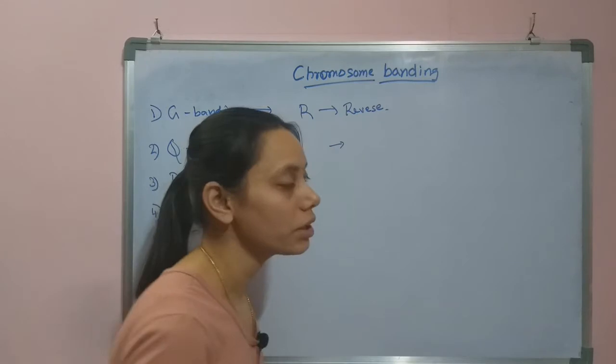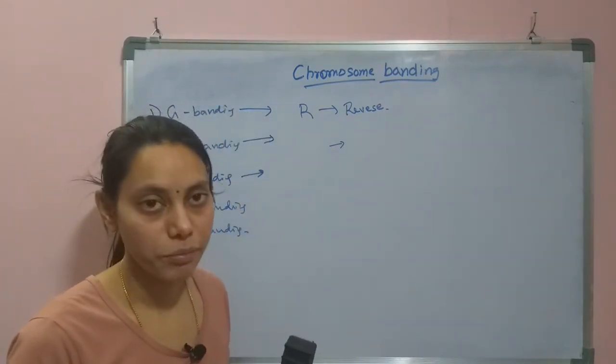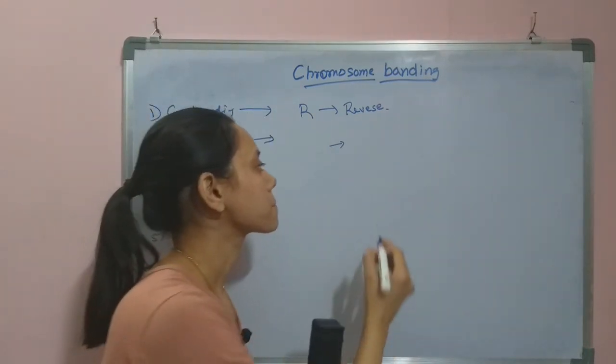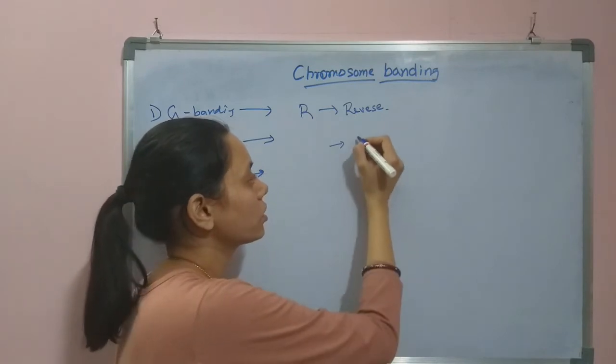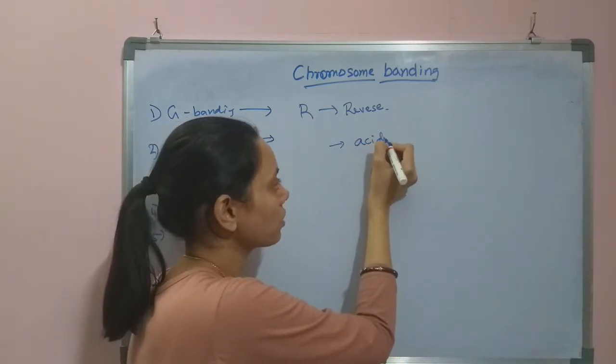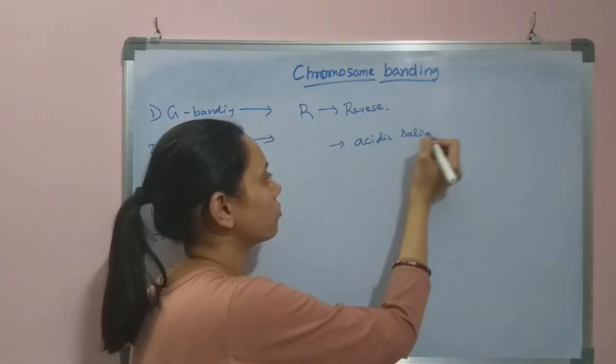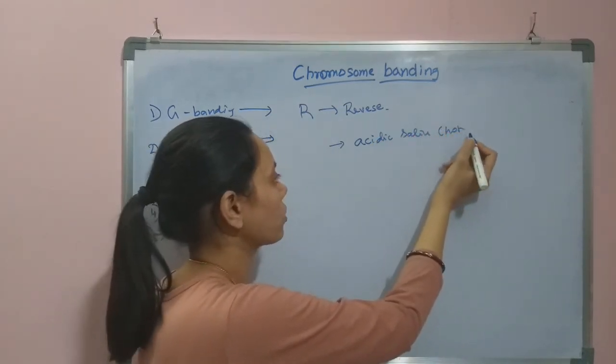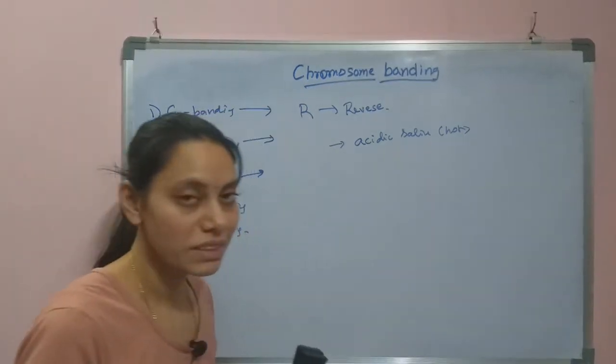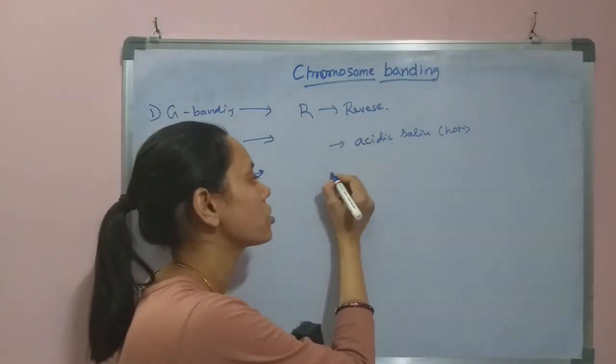So here the chromosomes are basically treated with hot acidic saline solution. Due to this treatment, the denaturation will happen.